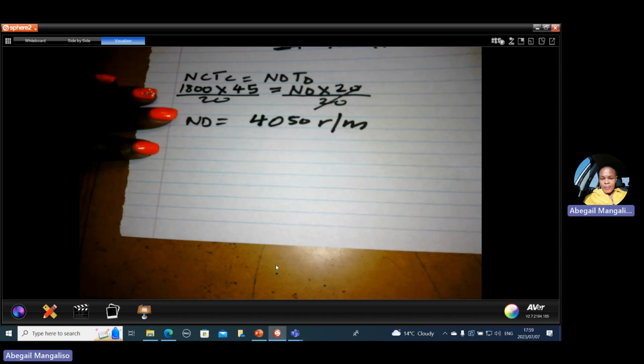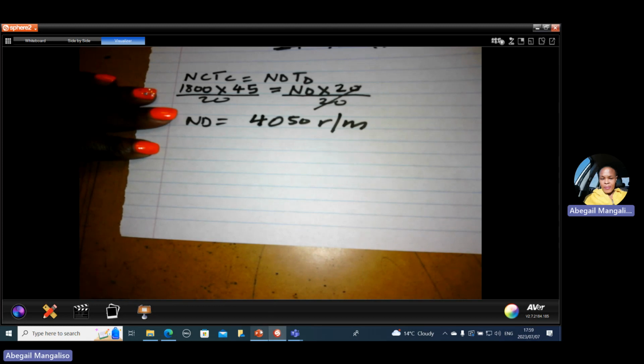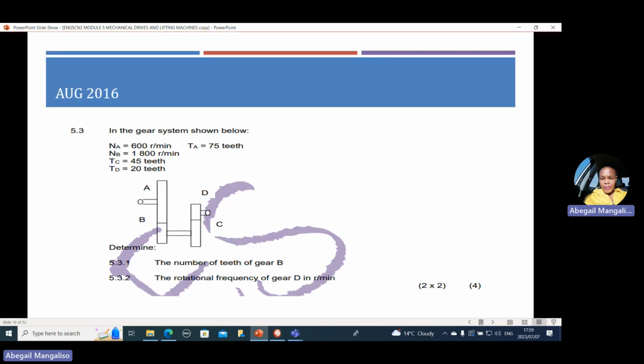Let me check the calculator. Yes. Now let's see if it makes sense. D is the smallest gear, so it will have more revolutions compared to the rest of the gears. You always use the gears that are in mesh to apply a relationship.